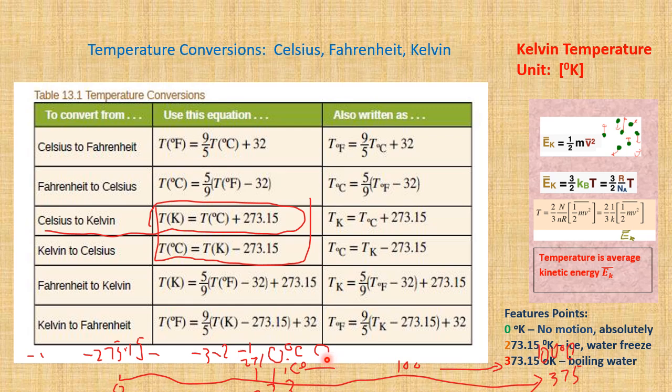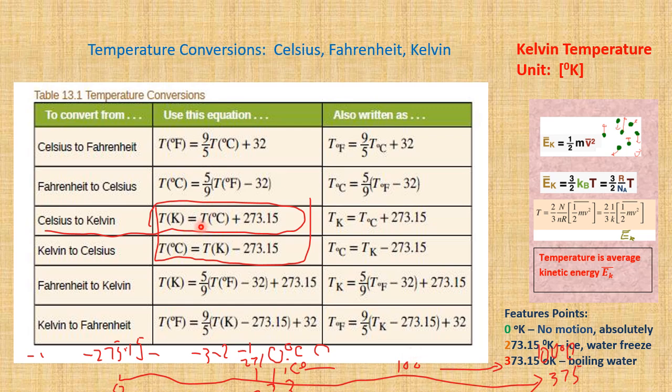So therefore the Kelvin temperature and the Celsius temperature are essentially the same, except that Celsius was invented to make it convenient. So 0 is the freezing point, 100 is the boiling point, and so on.